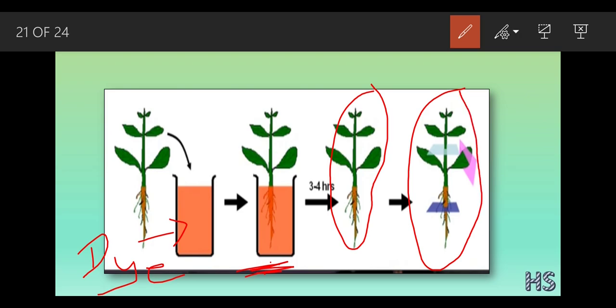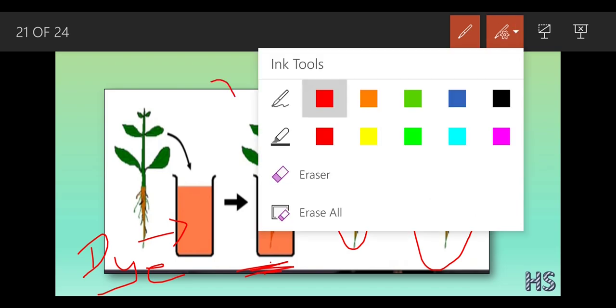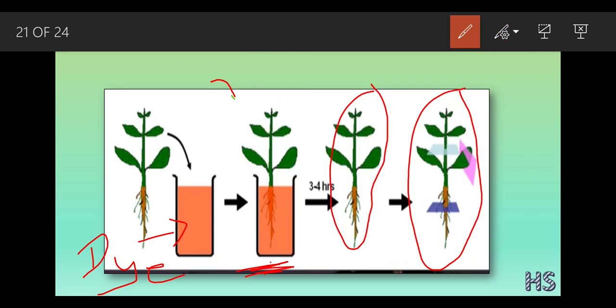So one can easily notice that in the leaf, the veins are fully of red color. See, this was a green plant, right? But if you see these veins, they seem orange or reddish in nature.